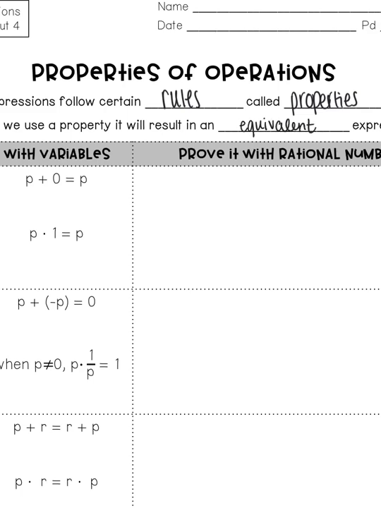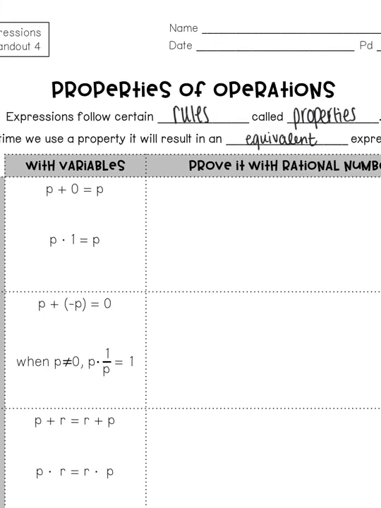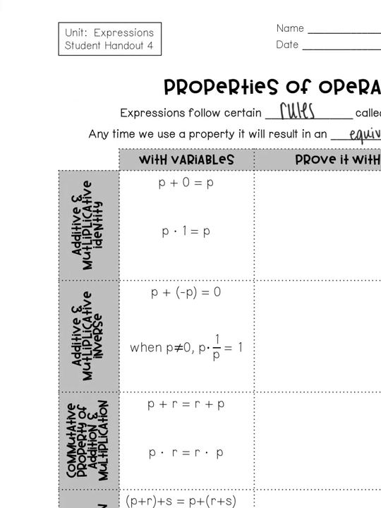Okay, so when we talk about the additive and multiplicative identity, additive and multiplicative are just big words that mean add and multiply. The identity property for adding is anything plus 0 equals itself.